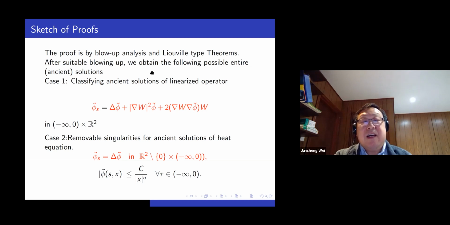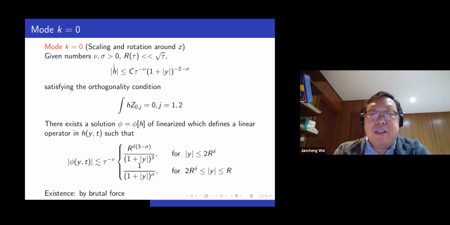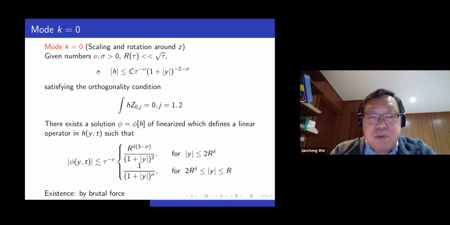So this is the good case. We have L2, and then you can use blow-up analysis and the Liouville type theorem, right? But for mode 0, which corresponds to scaling, the kernel is not L2, so you cannot do this kind of blow-up analysis. And what we did is to use brute force.